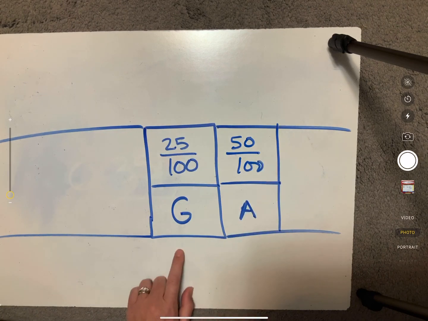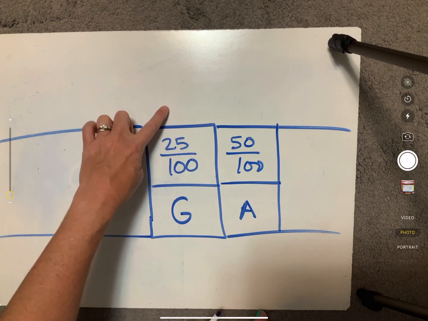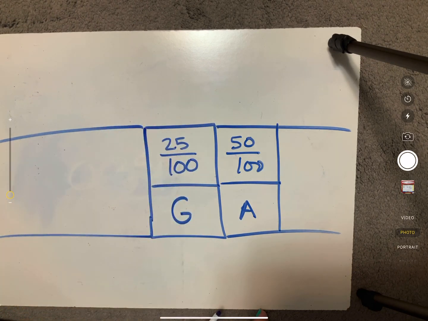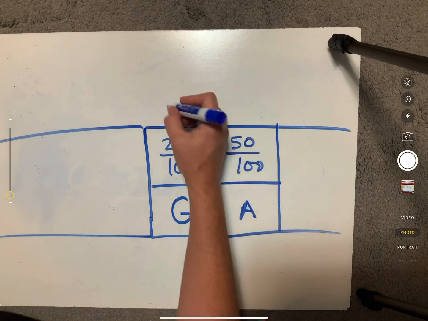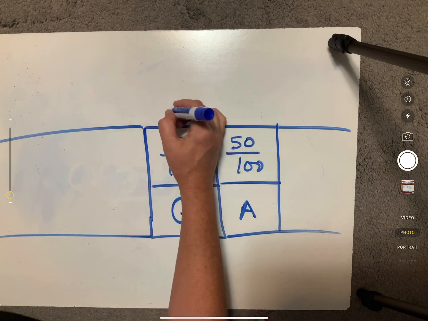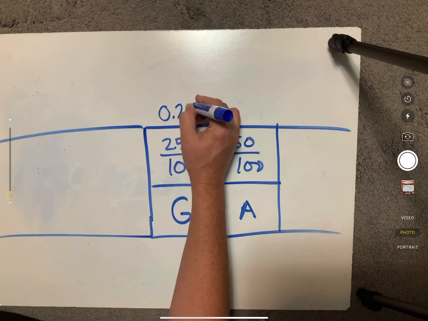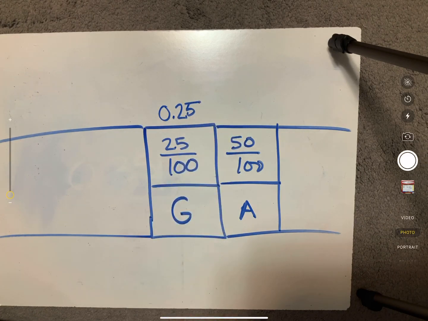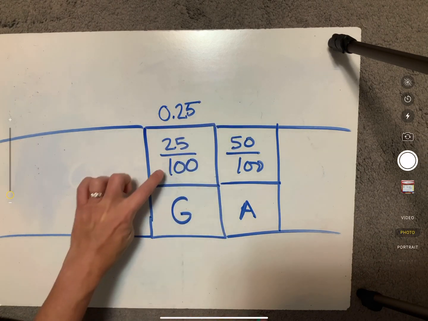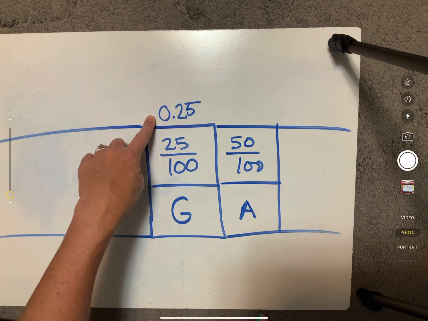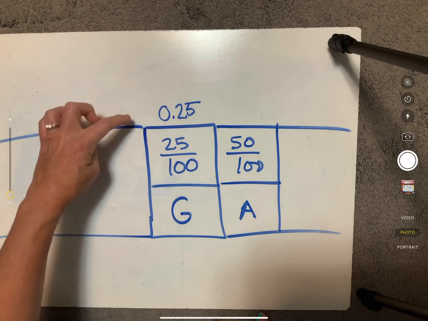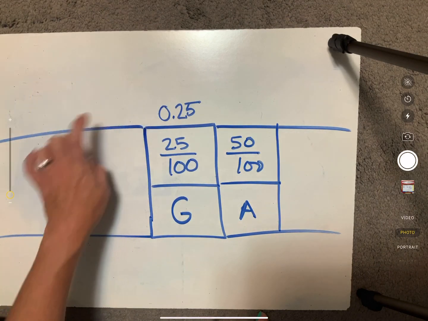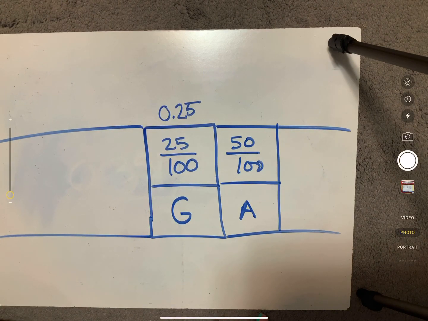So let's say we're doing G. What I would recommend doing is writing the conversion or the decimal equivalent either on the top or the bottom, just so you have it in your brain as you're going through with the other ones. So this one is 25 hundredths. The way we would write this as a decimal is 25 hundredths, right? So use that to help you convert, and don't be afraid to do a little side math. Write your note to yourself up here. So as you're converting those, you can make it happen.